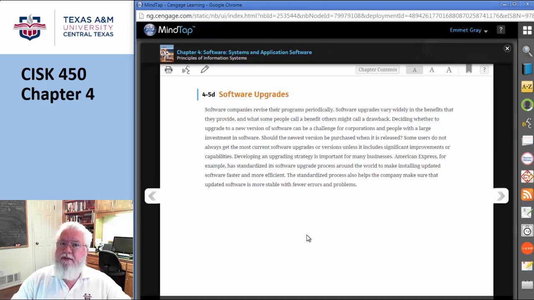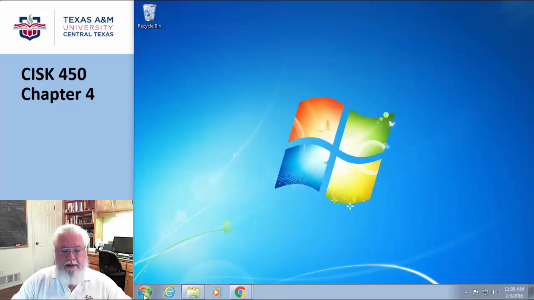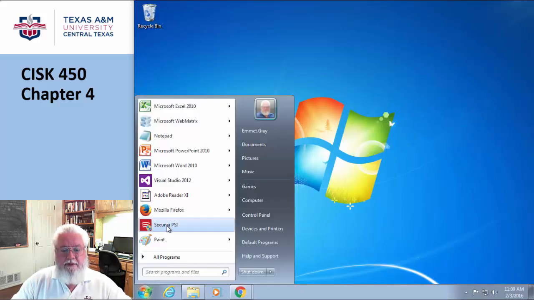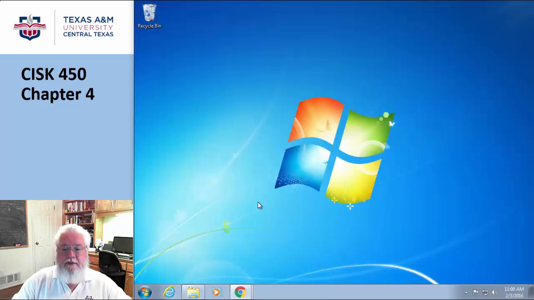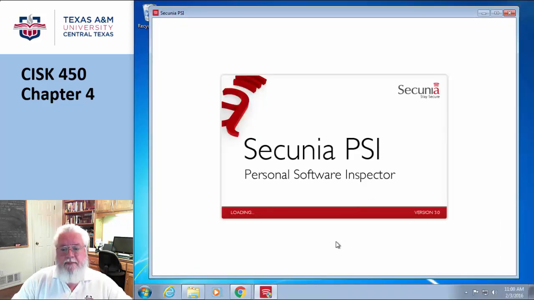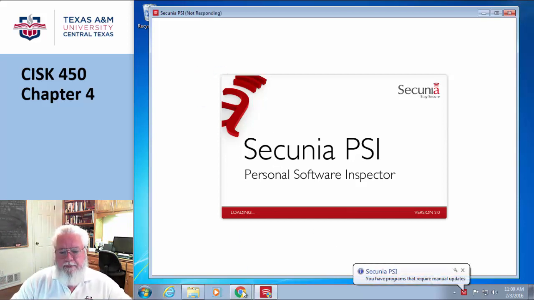So you really need a third-party piece of software to go in there and do more. What I use is a piece of software called CISK450. CISK450 is a free piece of software you can download at CISK450.com. And all it does is go in and look at your entire machine, not just the Microsoft part, and tell you that, okay, your version of Adobe is out of date.